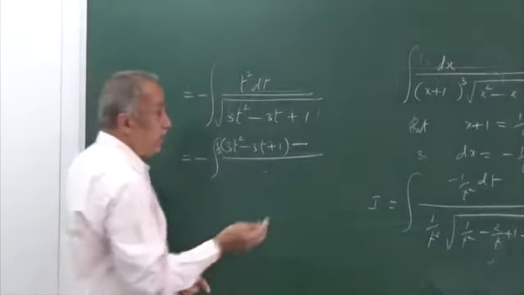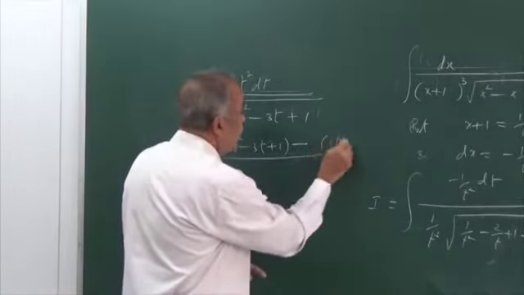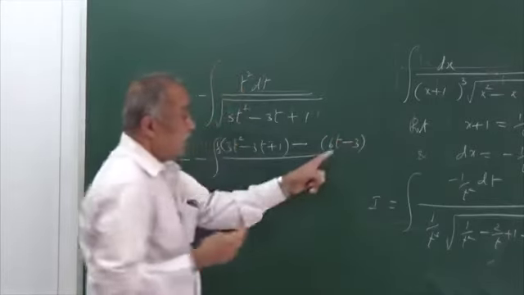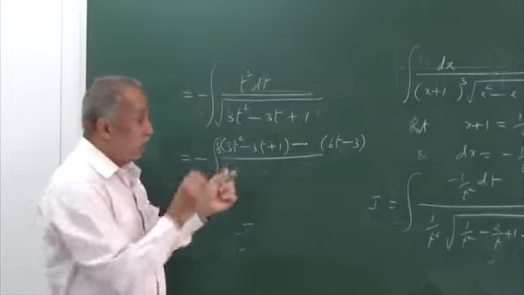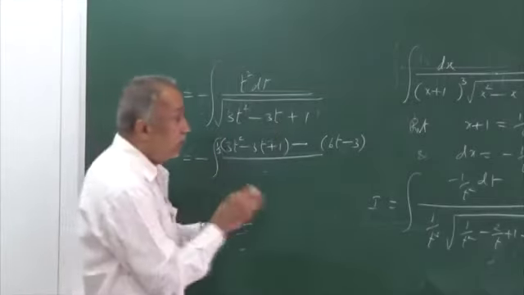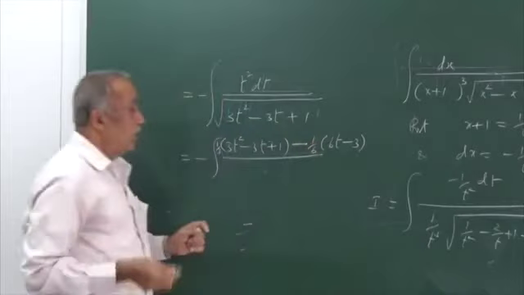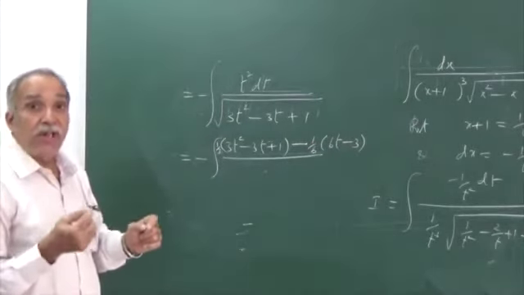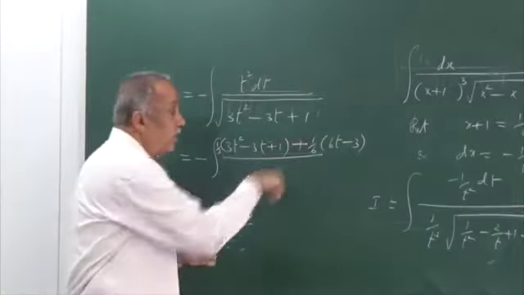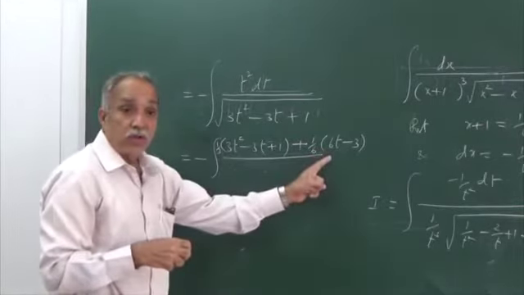Minus, let me write. This is the derivative of the quadratic under the radical sign in the denominator. I was supposed to remove only 1 t. Okay, I was not supposed to remove, instead I was supposed to add. This unwanted t goes now.